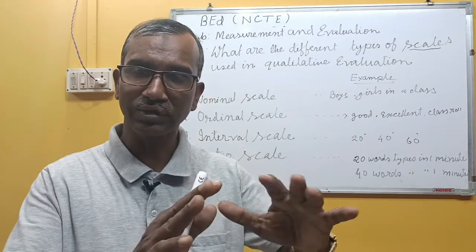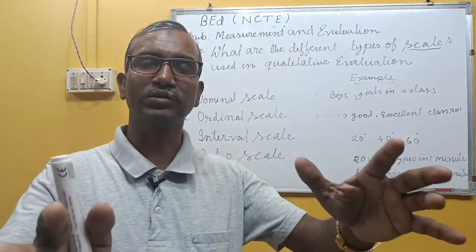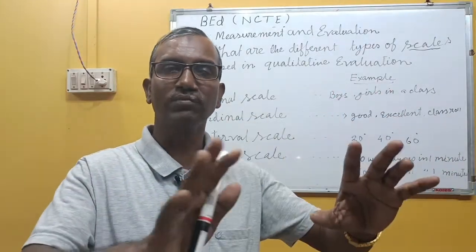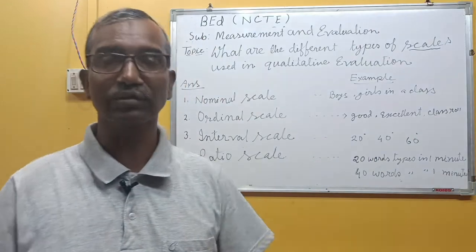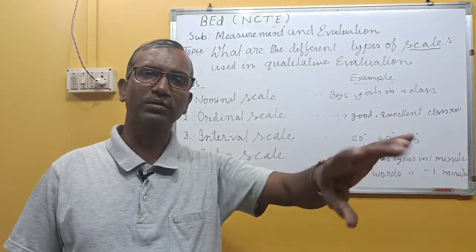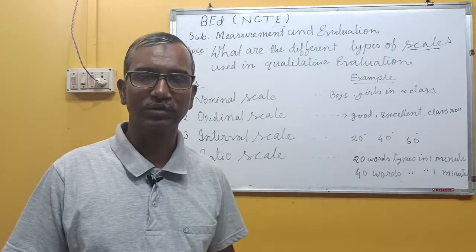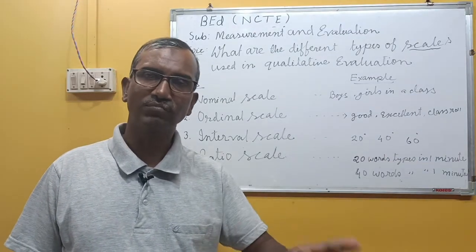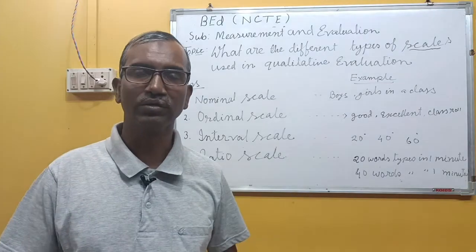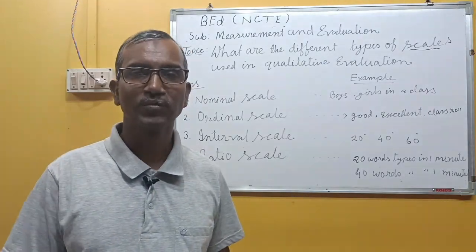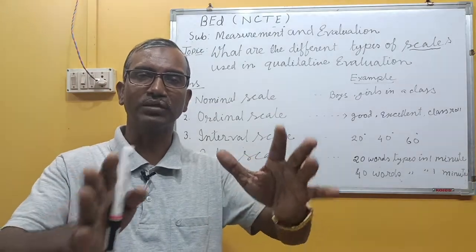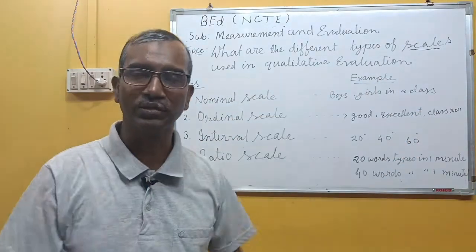Actually, that is just a number, because 10 or 13 or 11 or 14 players are needed in different matches. That just indicates the number of players. Player number 1 does not mean that he is better than player number 3 or player number 5. Nominal scale. We just get information and ideas how many players are there in the playground.